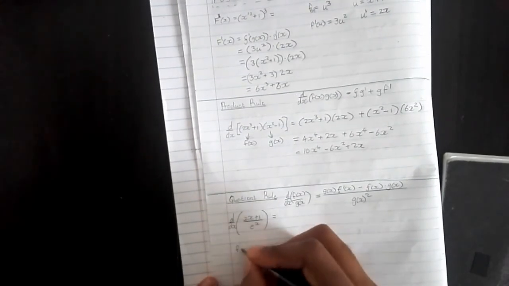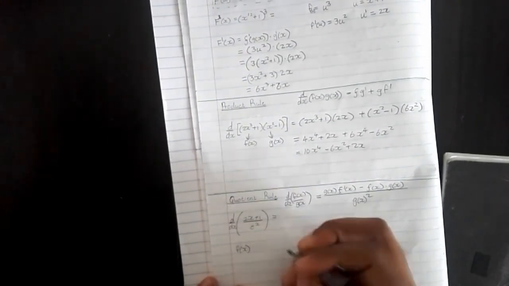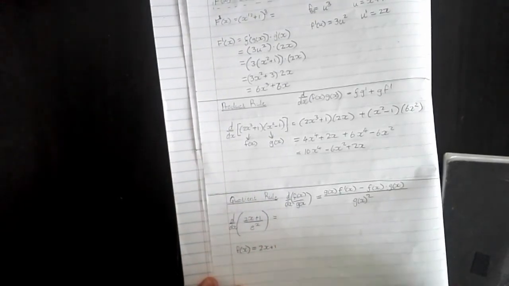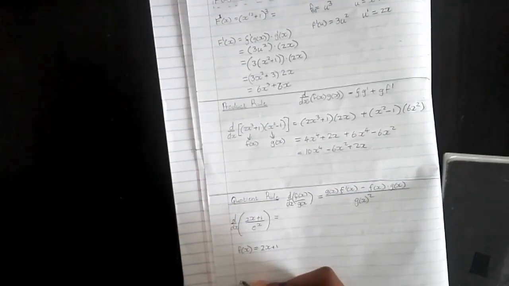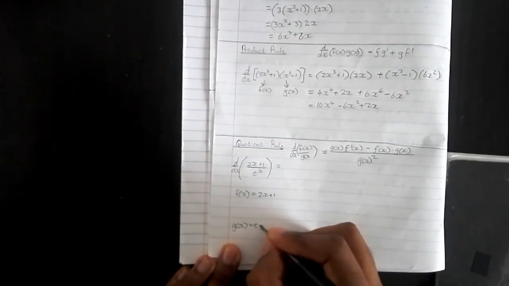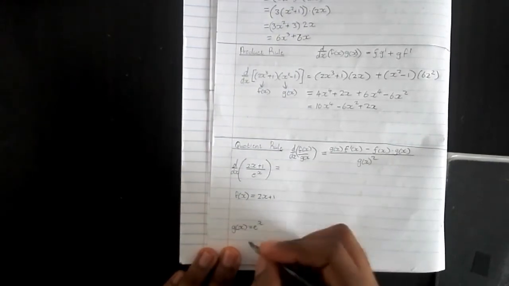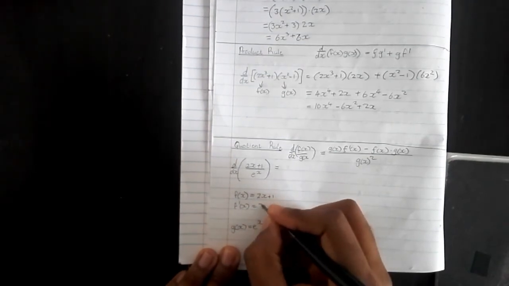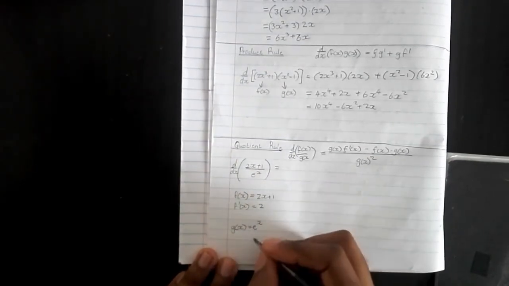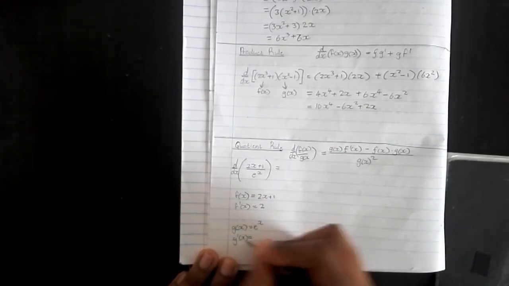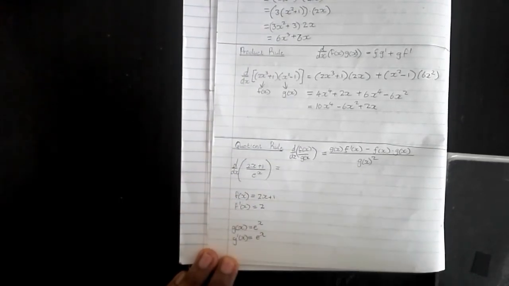What is our f(x) in this question? Our f(x) is 2x plus 1. Our g(x), hope you can still see this, is e to the x. So our derivative of f(x) equals 2, and our derivative of e to the x equals e to the x.